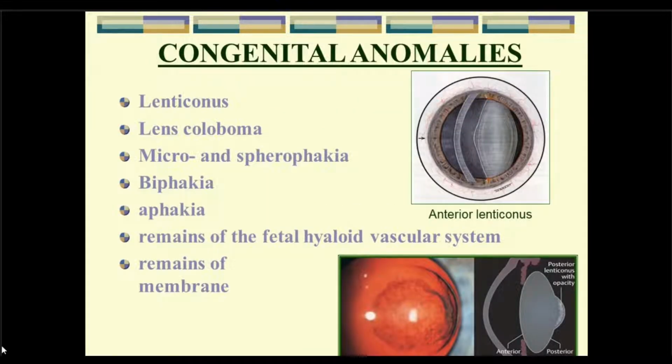As for the congenital anomalies, you could see lenticonus, lens coloboma, microphakia and spherophakia, biphakia, aphakia, remains of the fetal hyaloid vascular system, and remains of the hyaloid membrane.